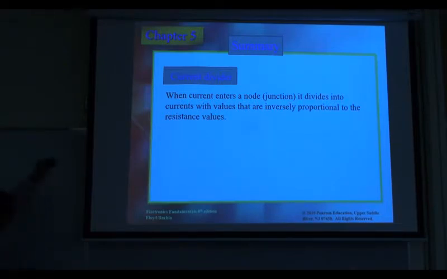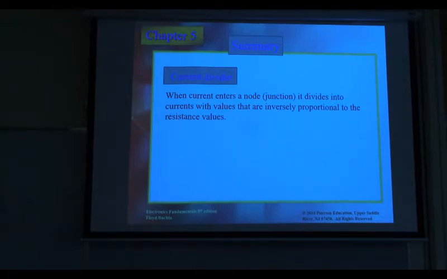Okay, it is like this. This is good, right? What is V2 here? V2 equals R2 over R1 plus R2 times Vs. Perfect. And V1 equals R1 over R1 plus R2 times Vs. So that is the voltage divider.